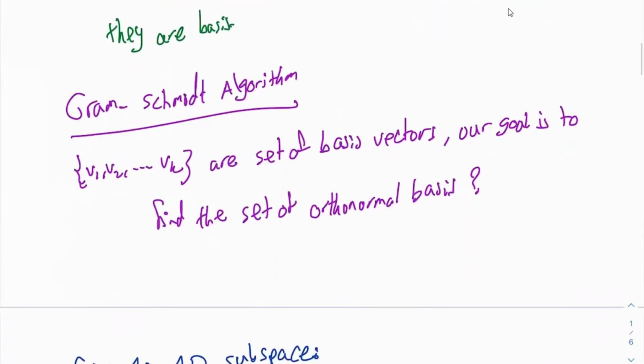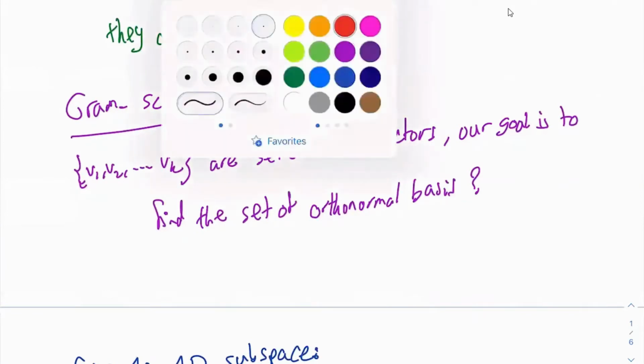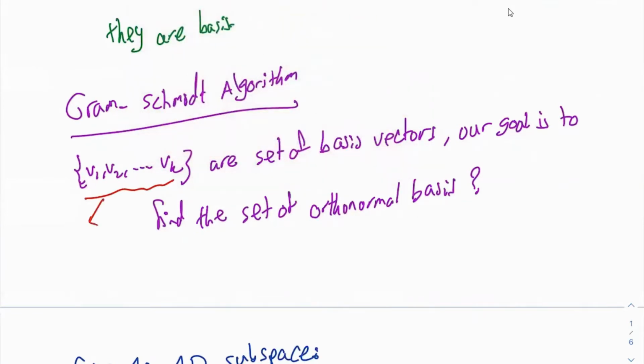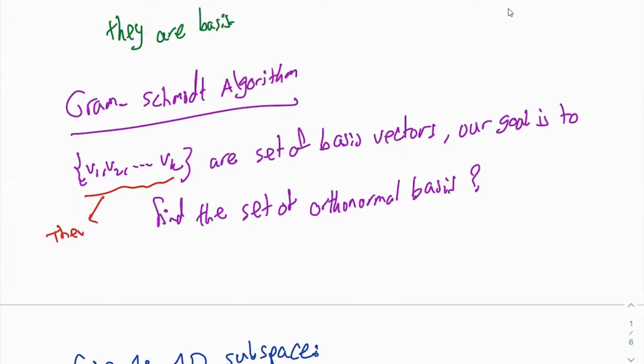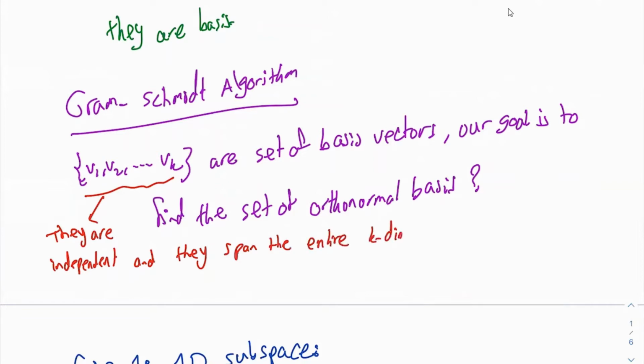Assume I have a set of vectors v1, v2, vk that form some sort of basis, meaning that v1, v2, vk are independent, and they span the entire k-dimensional space.